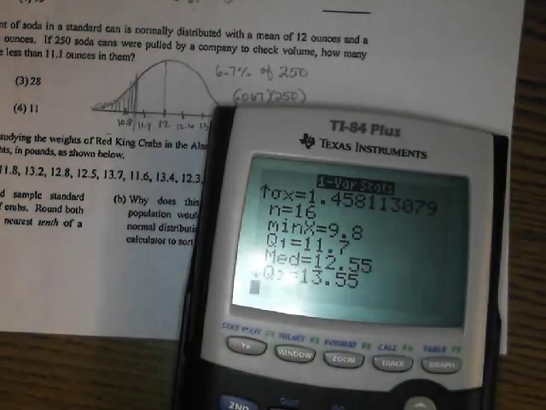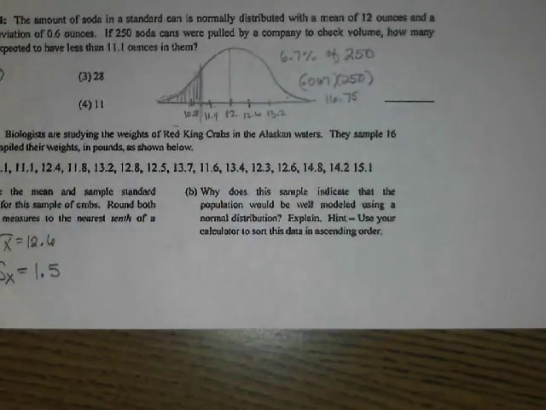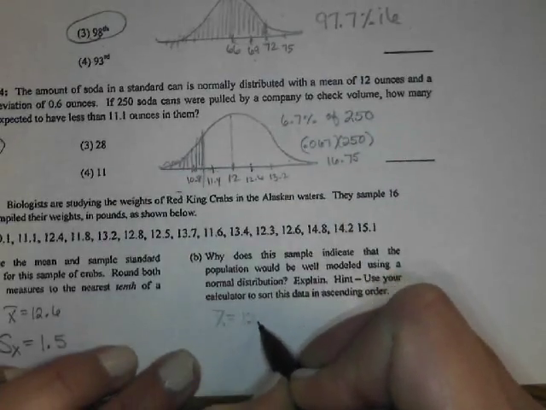Meaning it's not skewed at all like we talked yesterday, where a certain high salary might pull up the average. There's no overwhelmingly large crab that's pulling up the average, and there's no overwhelmingly small crab that's pulling down the average. The average and the median are very close. So X bar is 12.6 and your median is 12.55.